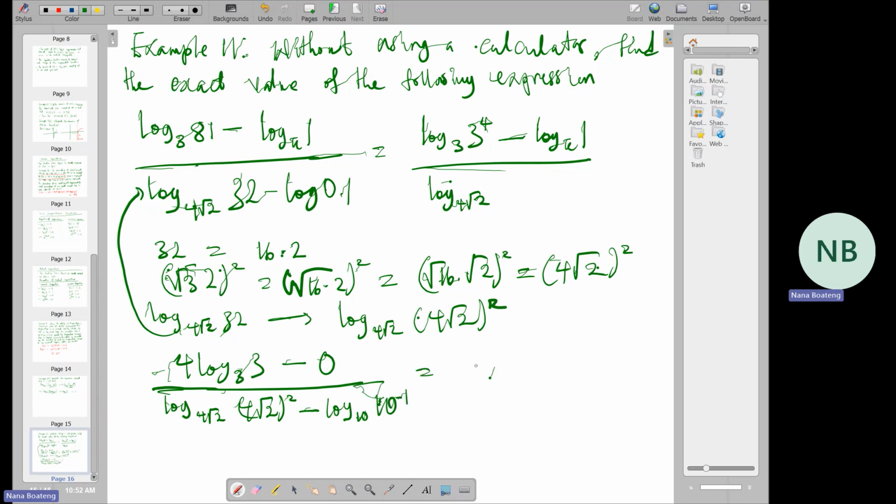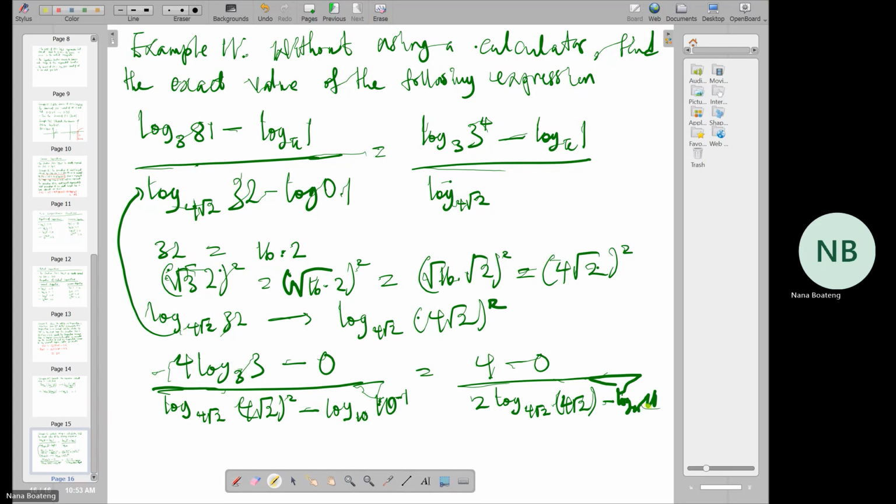So this gives us 4 minus 0 divided by 2 log 4 root 2 of 4 root 2, minus log base 10 of 10.